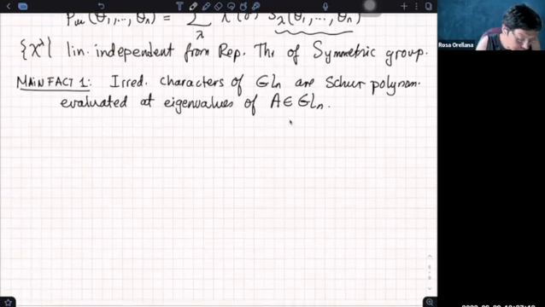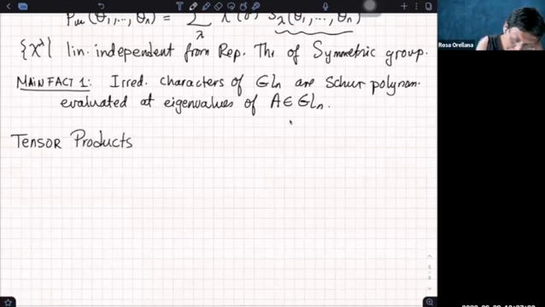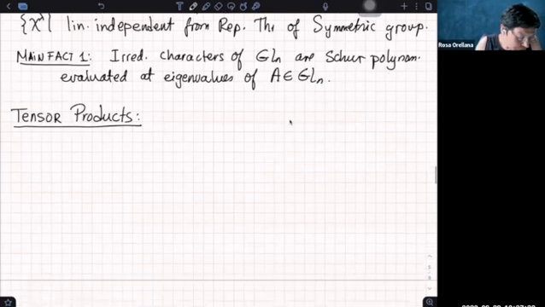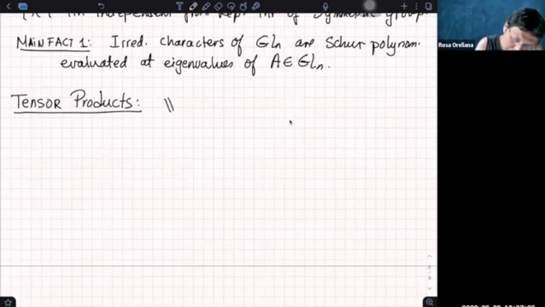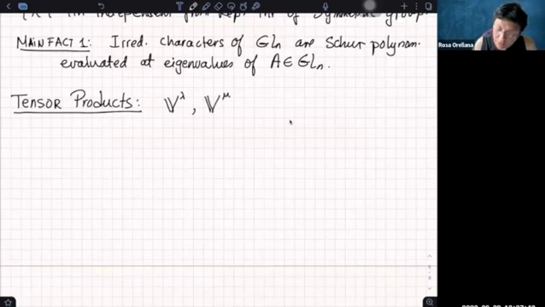So now let's talk about tensor products, because basically we are interested in the Kronecker tensor products. If you have, so I'm going to use V lambda and V mu for irreducible polynomial representations of GLN.